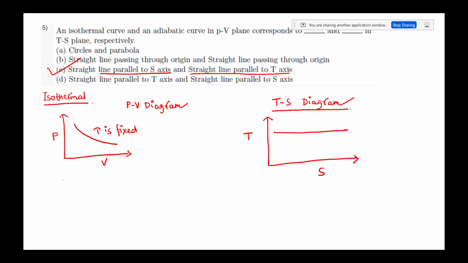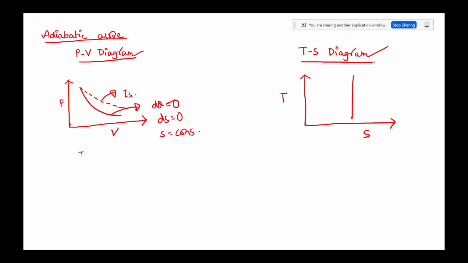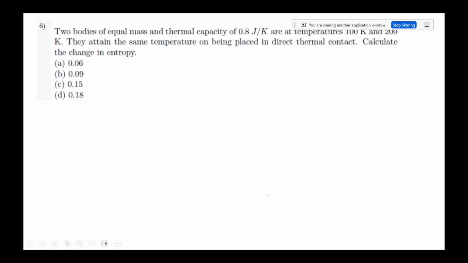Okay, so in TS plane, isotherms will be straight lines parallel to S axis, and in TS plane adiabats will be parallel to T axis. Okay, so this is easy.